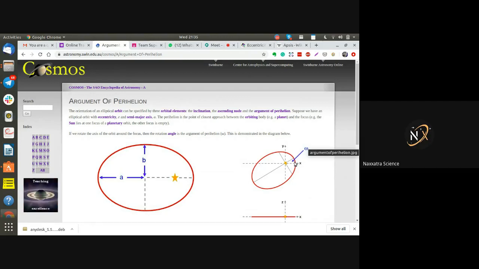So do you guys see this x-axis? Let's just take the x-axis, and let's take this semi-major axis, and let's call it n or whatever, some normal line over here. The angle made by that semi-major axis and the x-axis would be your omega. That is your argument of perihelion. And if they both were aligned, you would have an argument of perihelion equal to 0, right?